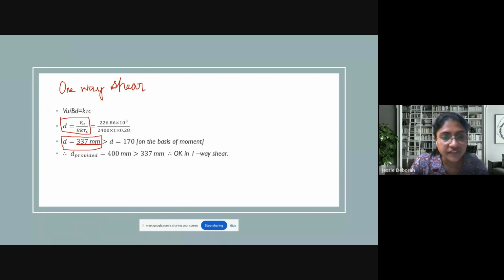If you had taken 270 or whatever, your section would have failed for shear and you would have had to redesign. So, to be on the safer side, we increase the depth of the footing to 400. D provided is 400, which is more than required. So your section is safe for one way shear.